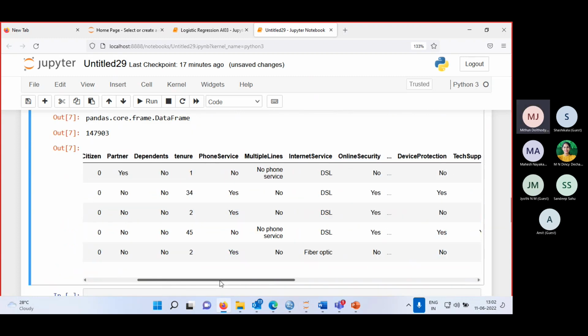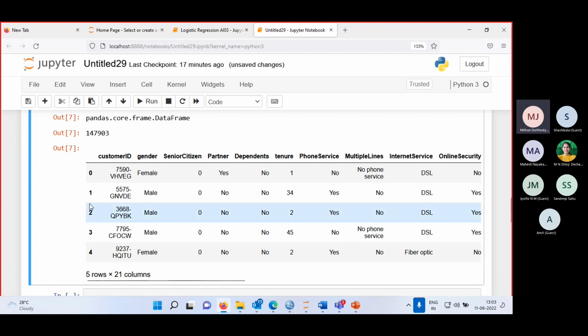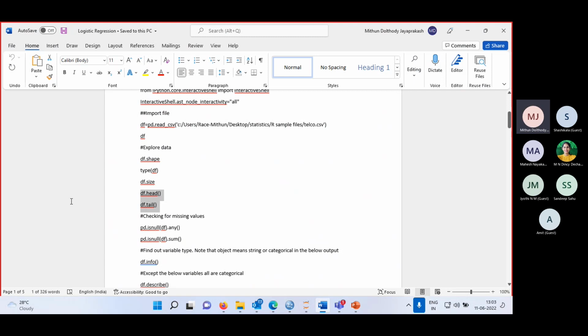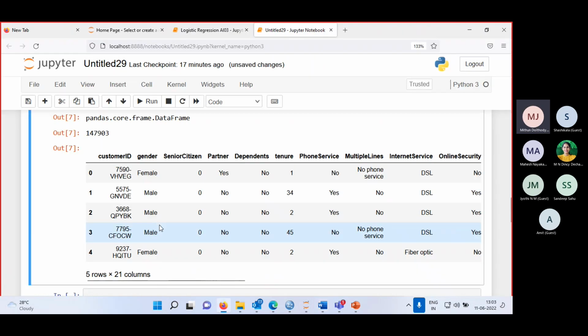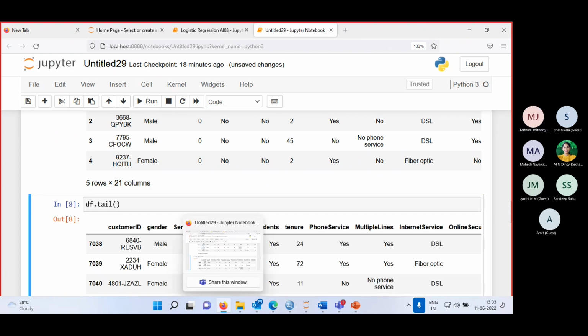I think we have been able to pull out all the records. And if you want the tail, we can print out df.tail as well, right?